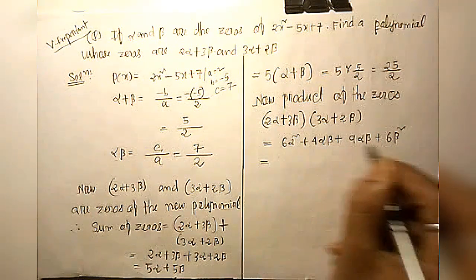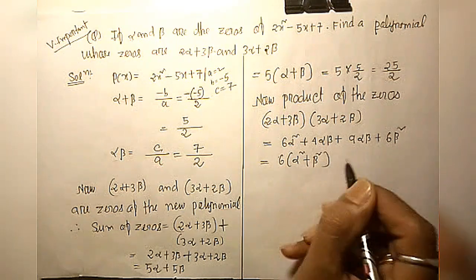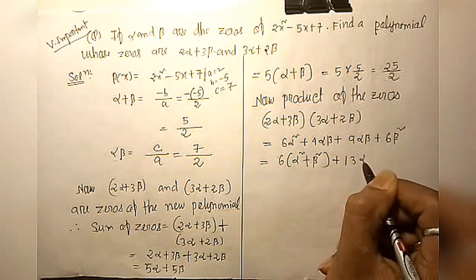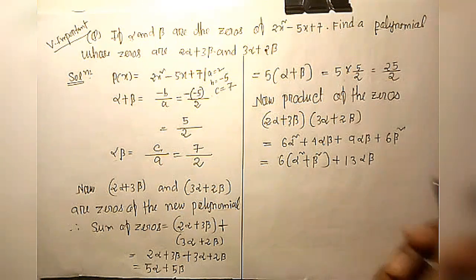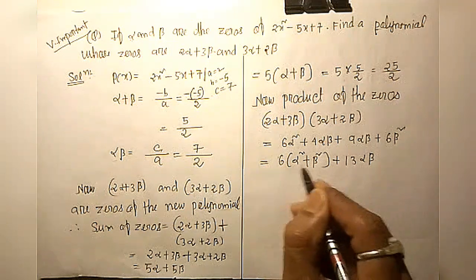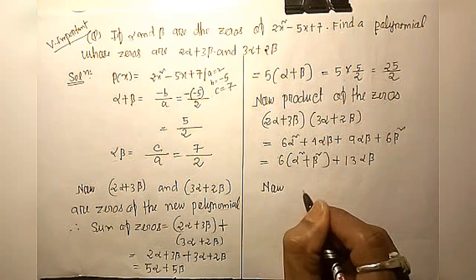So 6 alpha square plus 6 beta square, taking 6 common, 6 times alpha square plus beta square, plus 13 alpha beta. So the product of the roots is 6 times alpha square plus beta square plus 13 alpha beta.